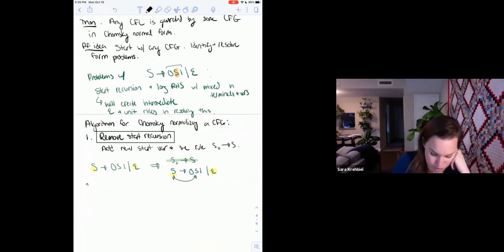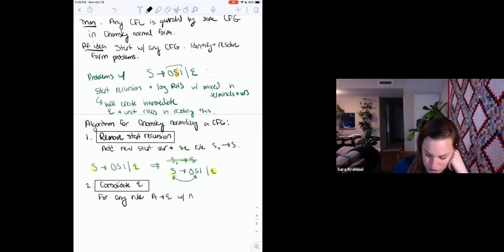So second step, I'm going to say is consolidate the epsilon rules. So in general, this is a little bit complicated. I'm going to say any rule that looks like A goes to epsilon when A is not the start variable, which is now S naught, anytime we see something like this, we are going to remove the rule.